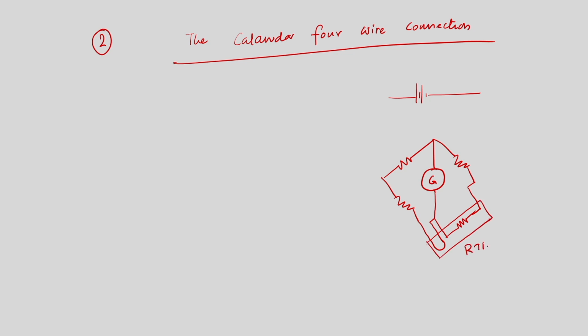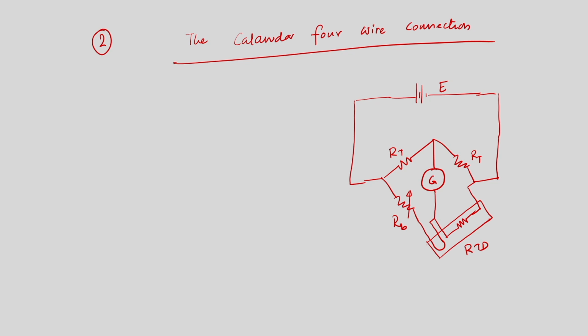This is the RTD, this is RB, this is RT, this is also RT, and we need to connect E. So this is the schematic.